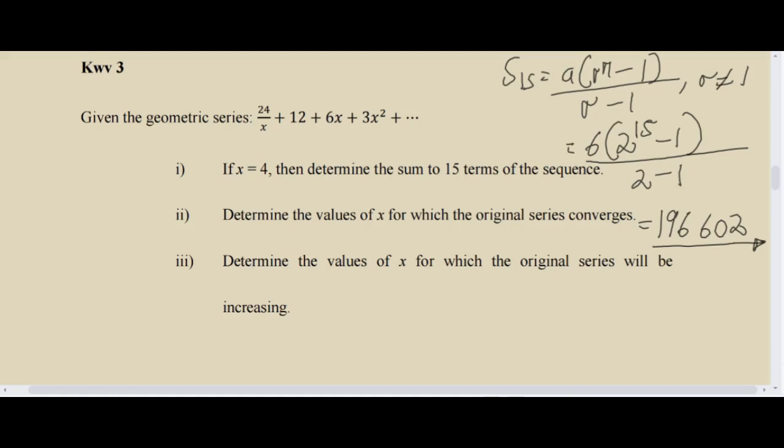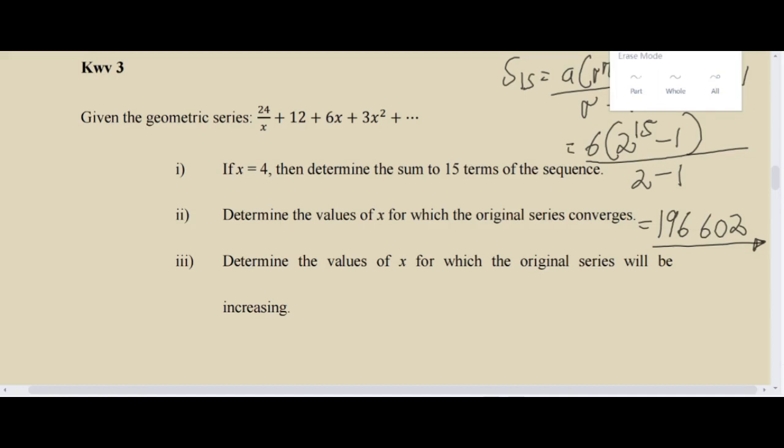This is to be expected, even having a number way bigger than this one, or a very small number if your geometric series is convergent. Remember, if it's convergent, it will decrease to a lower value. But if we have a bigger value like that, your geometric series is actually divergent. It is increasing, which is what they're asking us here.